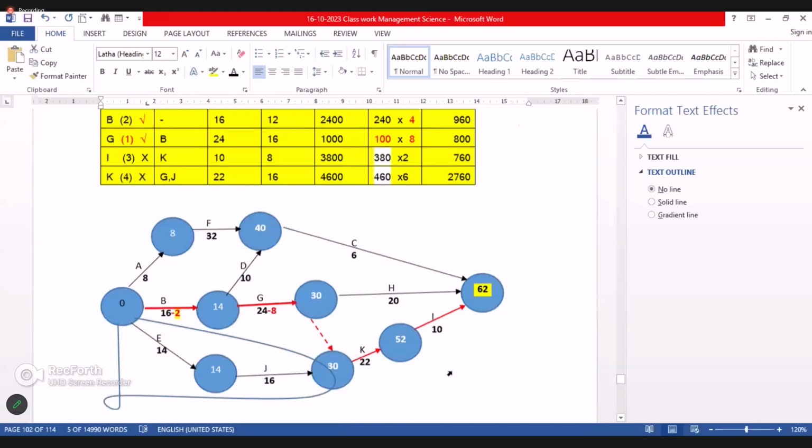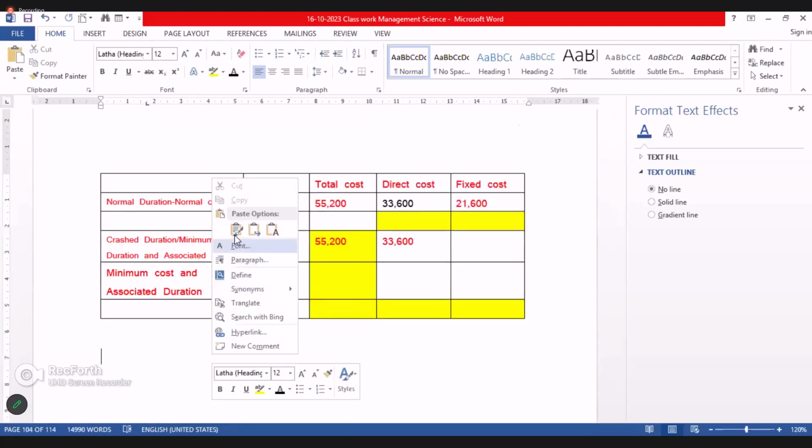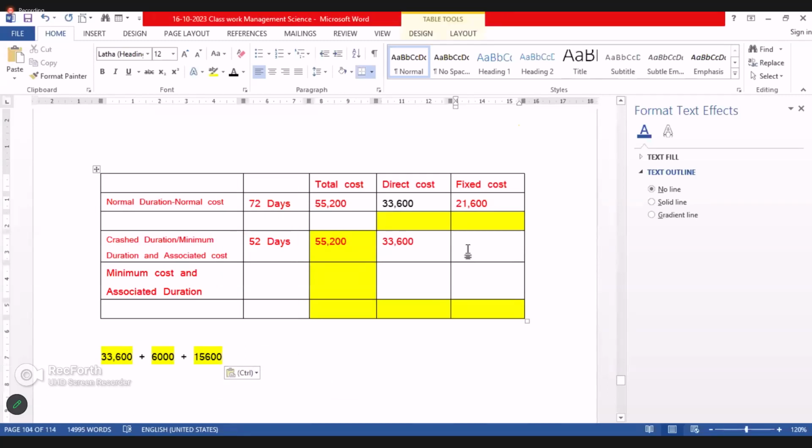Done. Here the fixed cost is 15,600. Right, 15,600. Total cost is okay, here 33,000 plus this one.